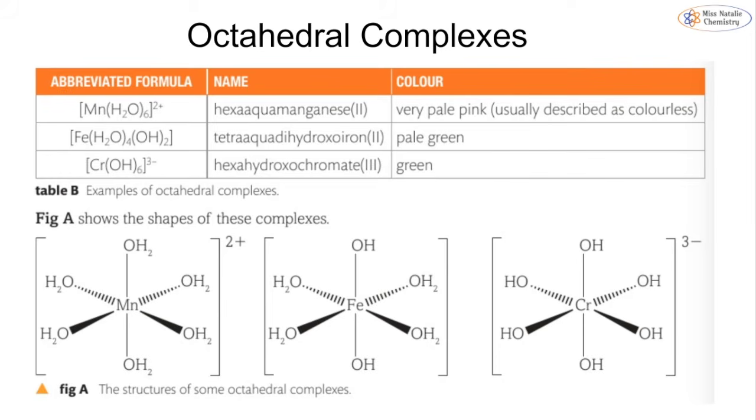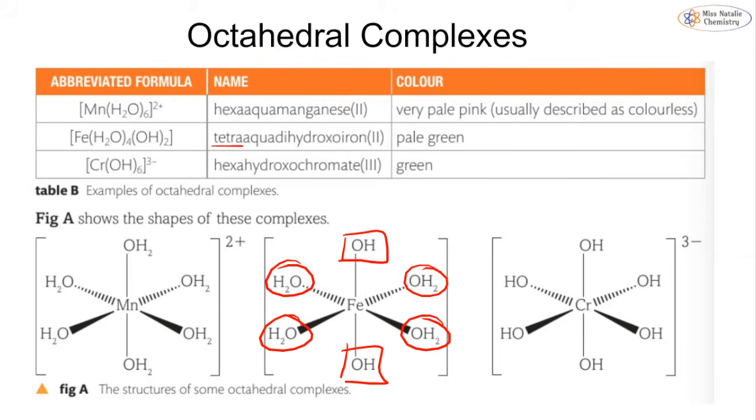So you've got hexaaquamanganese(II), which is the first complex, tetraaquadihydroxyiron(II), so we've got 4 waters, and then 2 hydroxides. Notice the difference in the name, with the tetraaqua coming first because that's alphabetical, and then the dihydroxy.